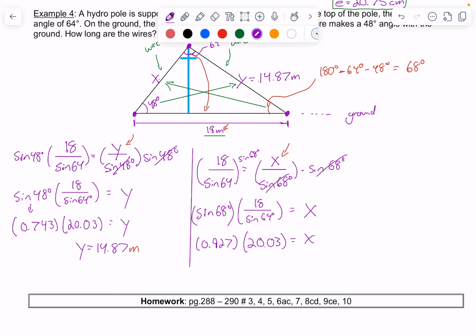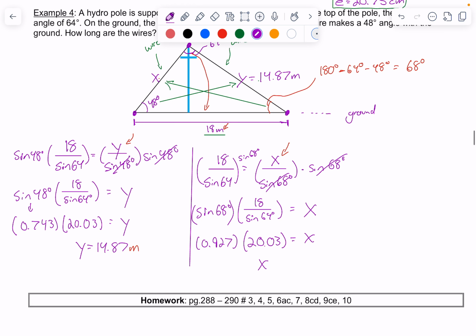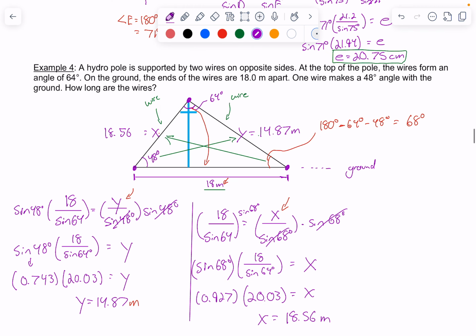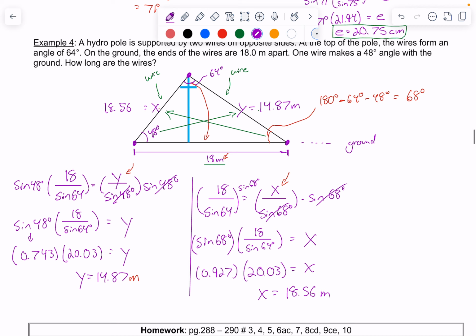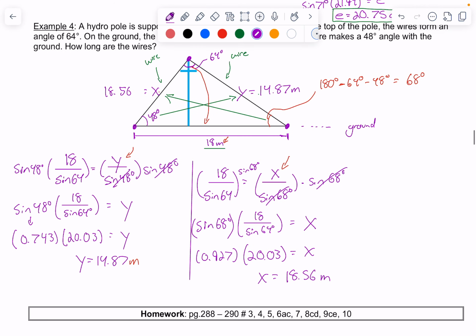Multiplying those two numbers, you get x is 18.56 meters. So this value right here is 18.56. And that's it. You found the two wires to be 18.56 meters and 14.87 meters.